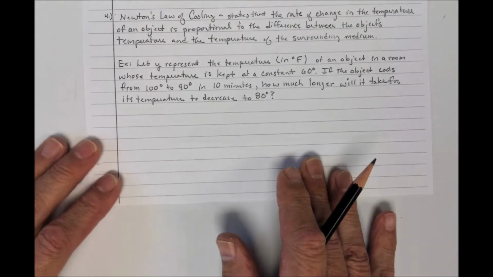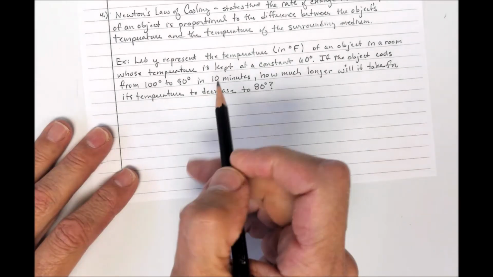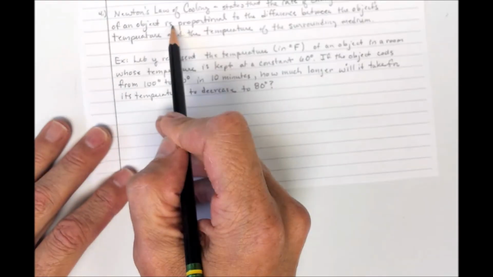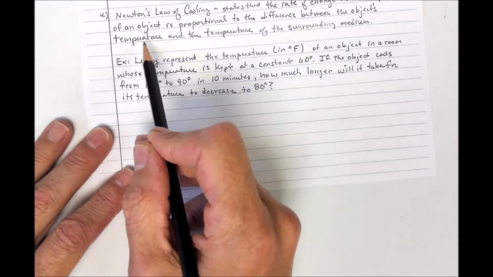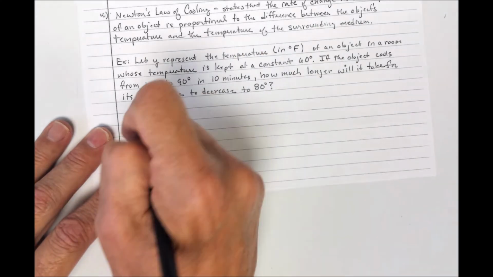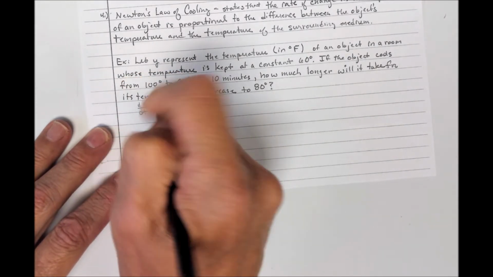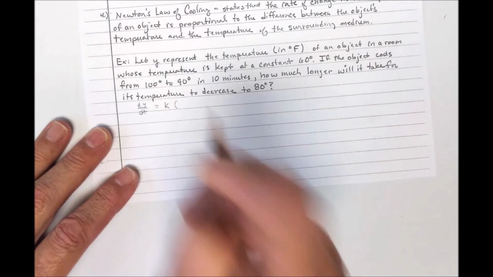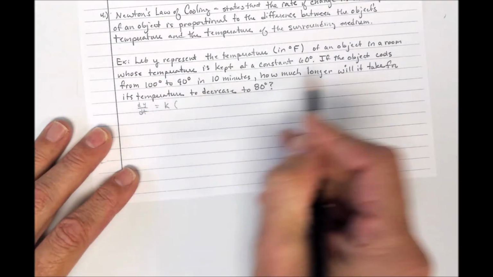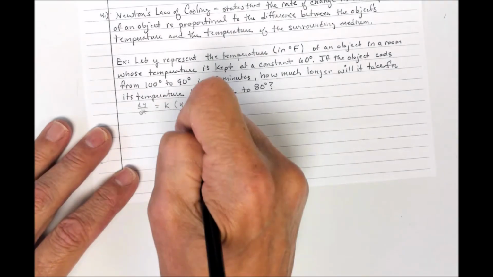Well, let's see what we can do here. We know that it's proportional. The rate is proportional to the difference between the object's temperature and the surrounding medium. So that means that dy/dt is proportional to the difference in the object and the surrounding temperature, which was 60 degrees here.